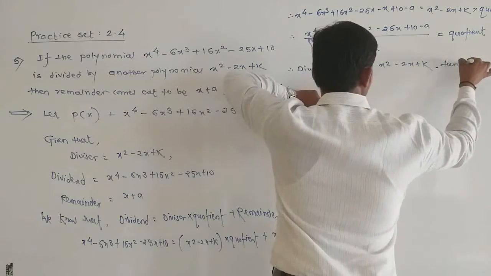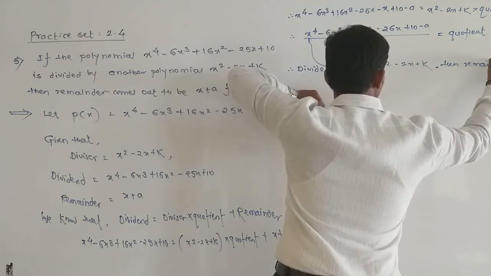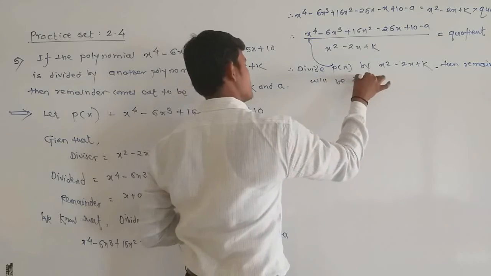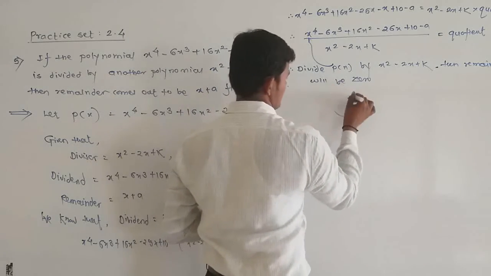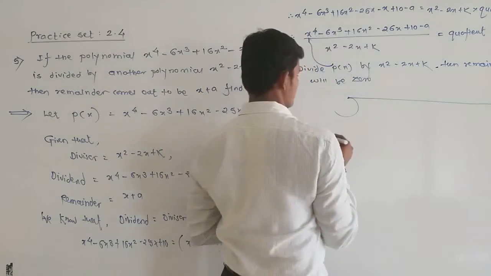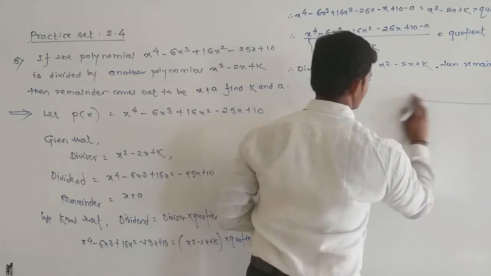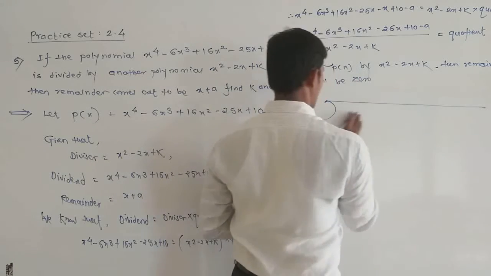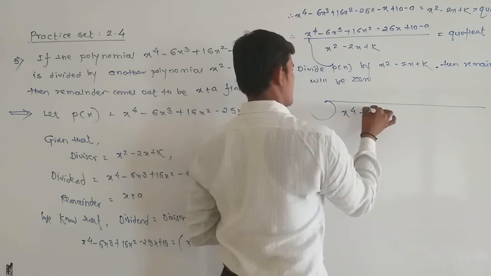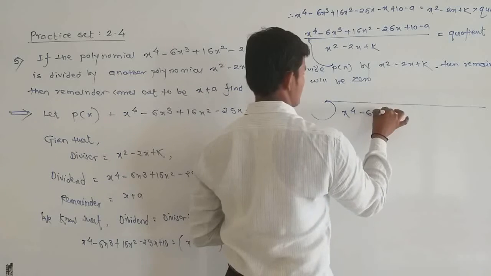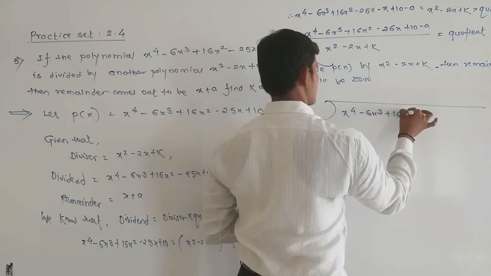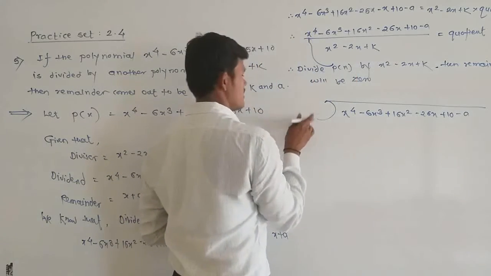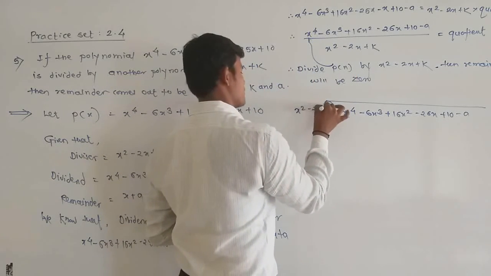Then remainder will be 0. So finally, P of x is nothing but x raised to 4 minus 6x cube plus 16x square minus 26x plus 10 minus a divided by x square minus 2x plus k.